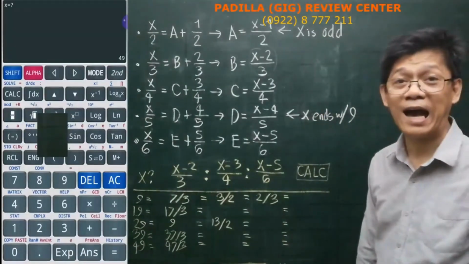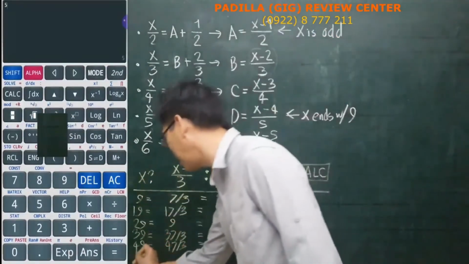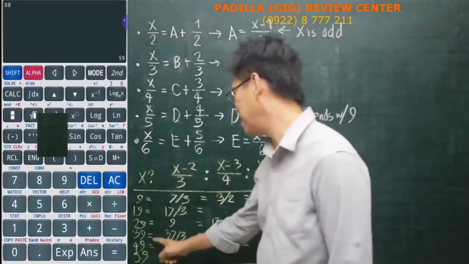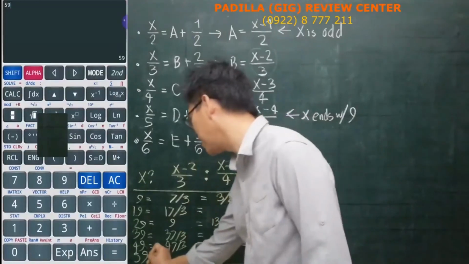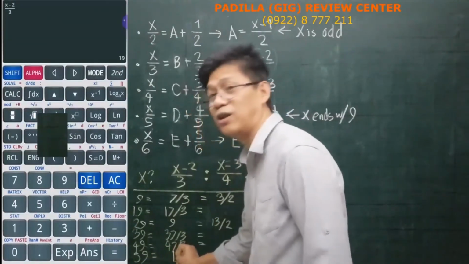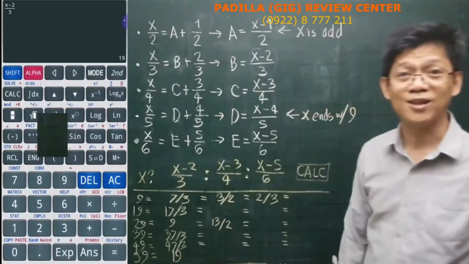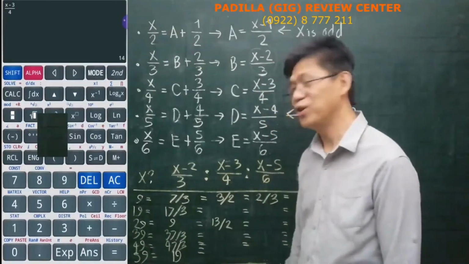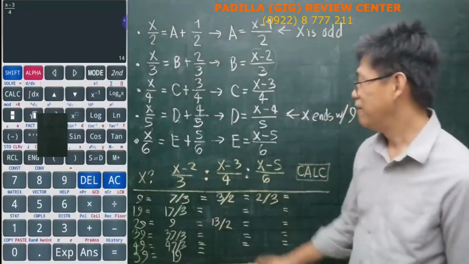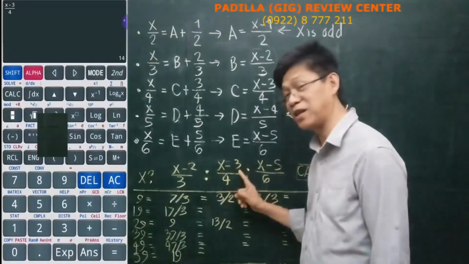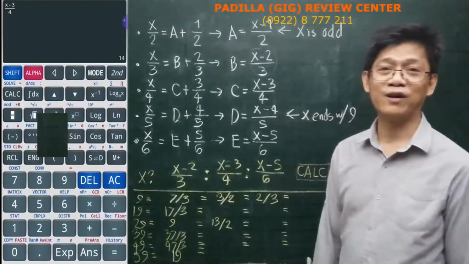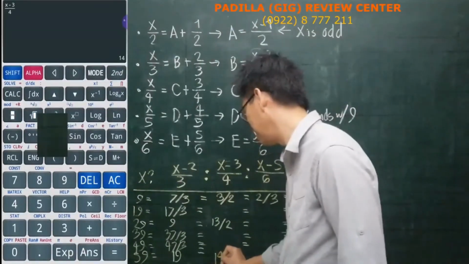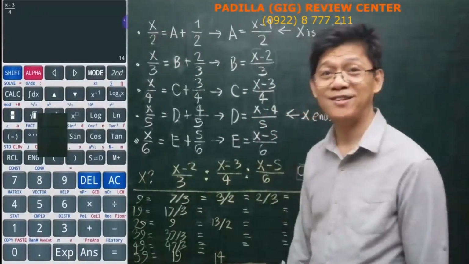Then the calculator asks us another x. Try 59. So, 59 minus 2, 57 over 3. Your calculator displays 19, a whole number. Equals, so your calculator displays 59 minus 3, 56 over 4, which is 14, a whole number.